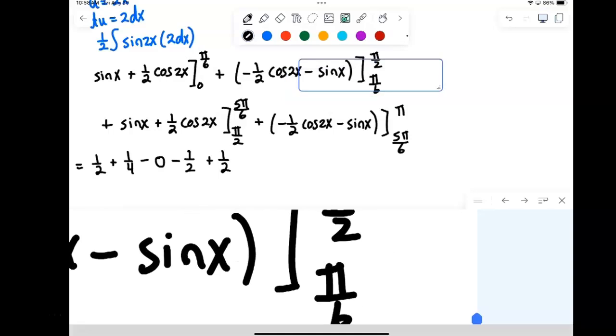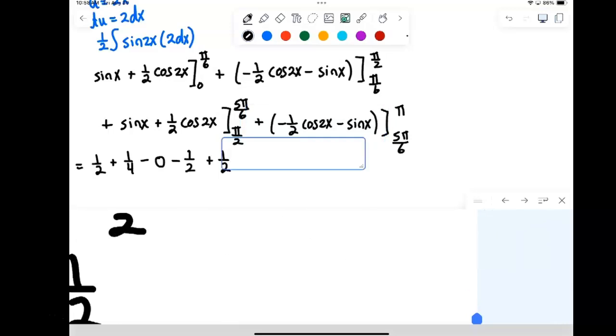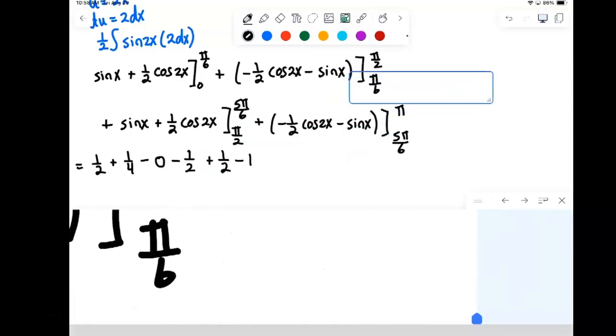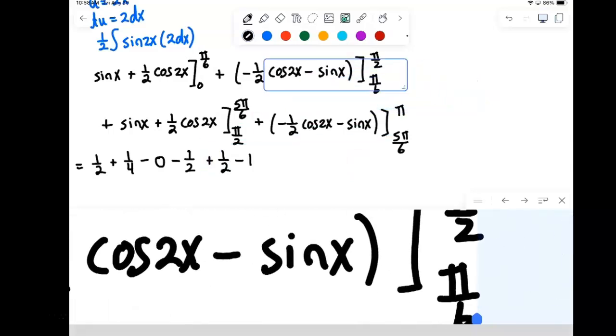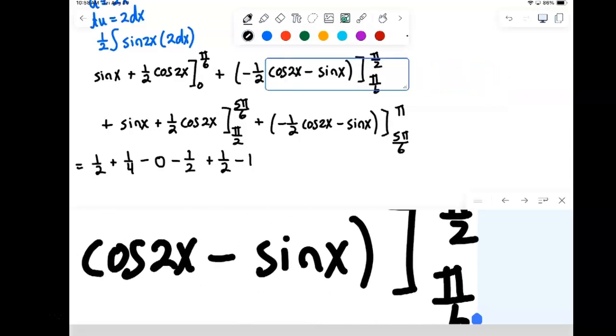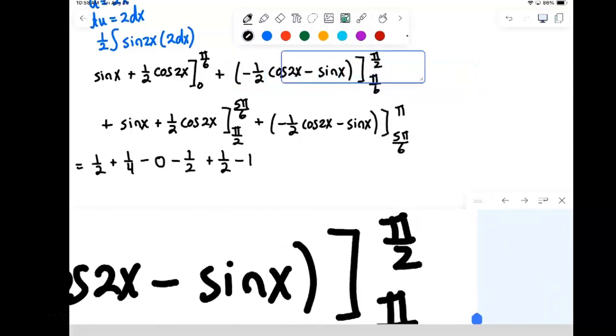And we have sine of pi over 2. Sine of pi over 2 is 1. Because of the minus sign, it's going to be minus 1. And we're subtracting all this stuff. Okay. 2 times pi over 6 is pi over 3 again. We know that cosine of pi over 3 is 1/2. It has a negative, but it's part of the subtraction problem.